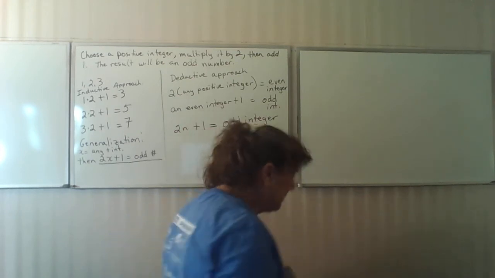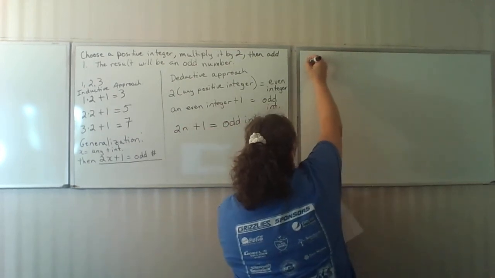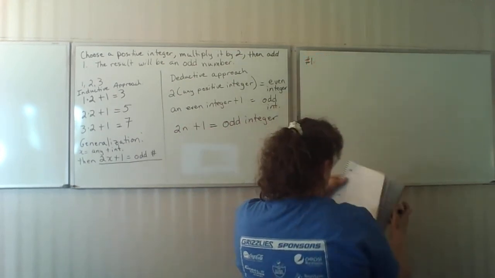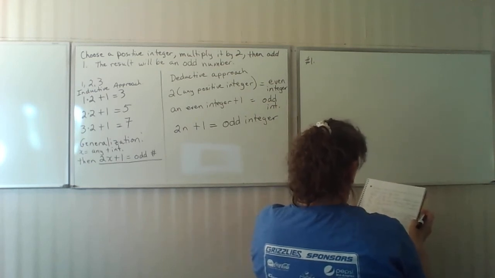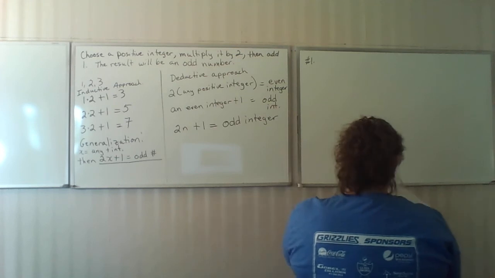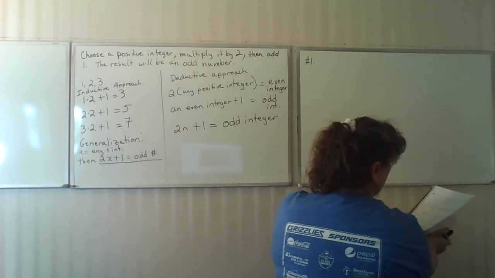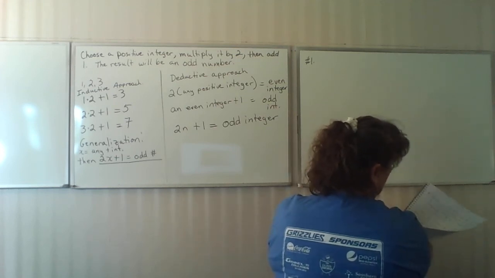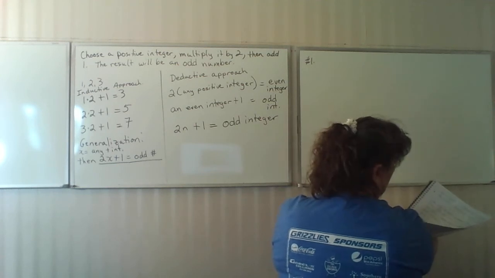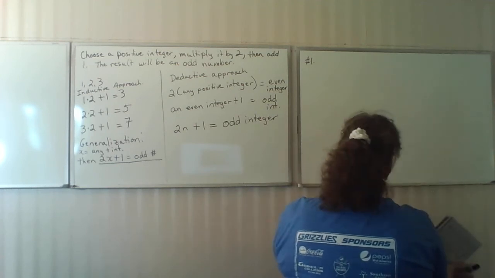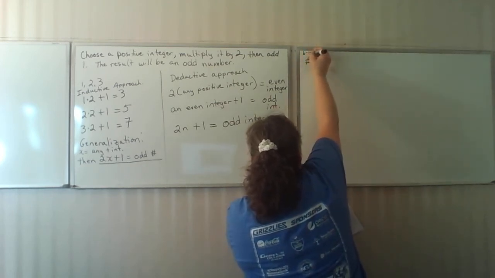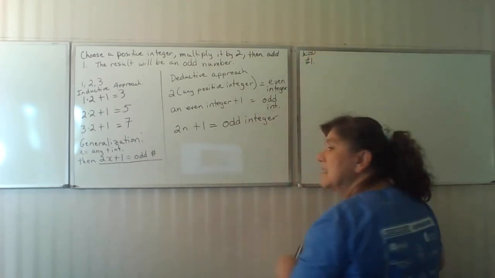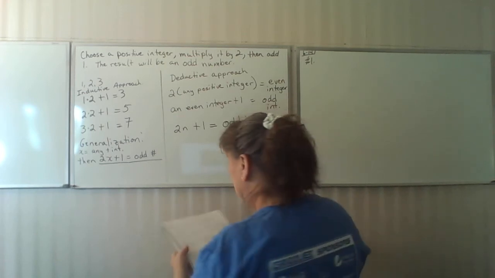So, the first thing you're going to do with problems, let's see, it is 6 through 14 and 22, so 6 through 14. Some of them will ask for 3, some will ask for 1.